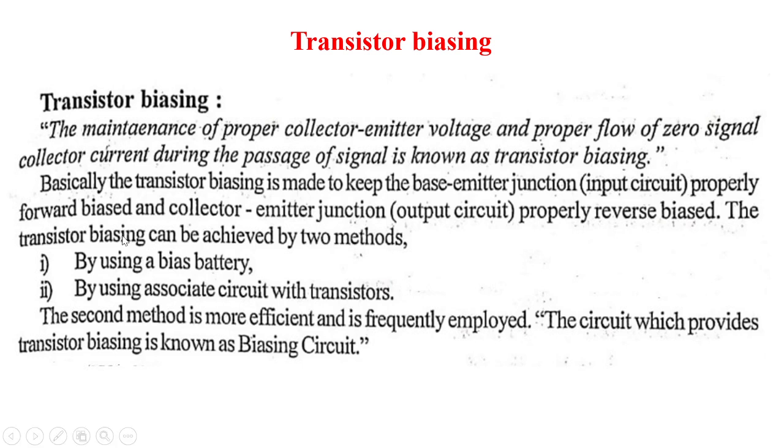Transistor biasing can be achieved by two methods: by using a bias battery, and second by using an associated circuit with the transistor. The second method is more efficient and is frequently employed. The circuit which provides transistor biasing is known as a biasing circuit.